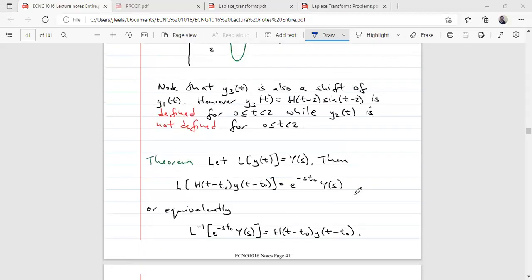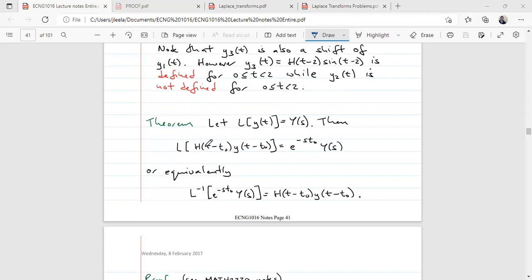We're looking at the theorem here: L of y(t) is Y(s). So we want the Laplace of the Heaviside function, h(t - t0) y(t - t0), which is equal to e^(-s t0) Y(s).